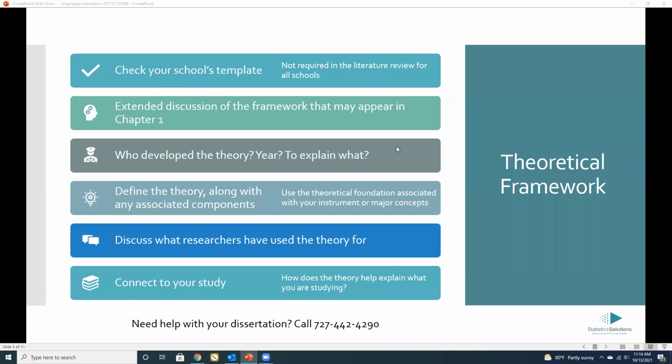So let's just take 2 examples. Let's take emotional intelligence and transformational leadership. So if you were measuring those constructs, you wanted to see if they're related. There are several instruments for emotional intelligence, for example.